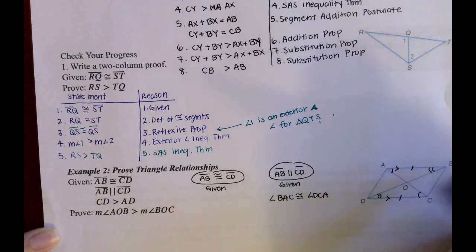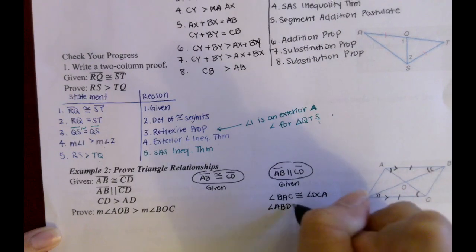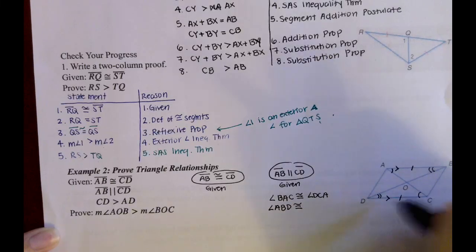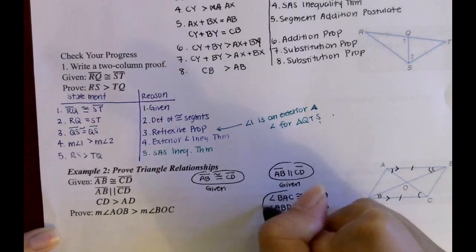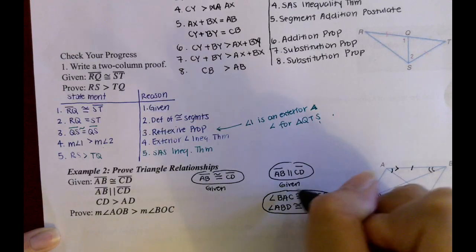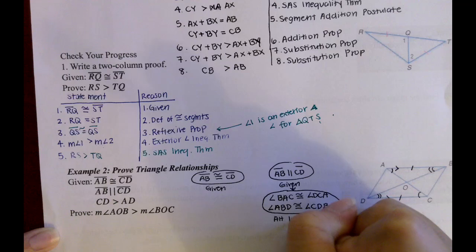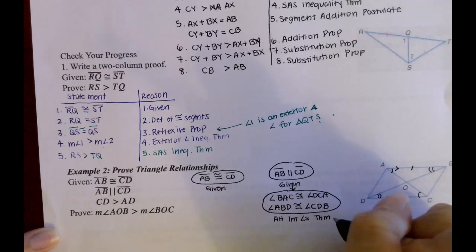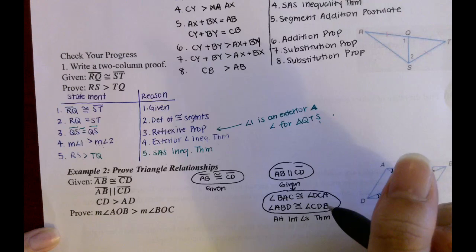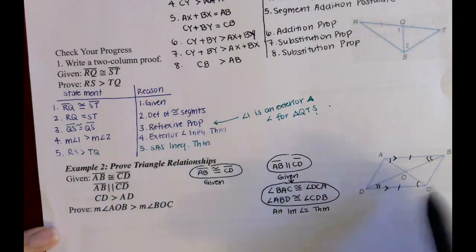And then angle ABD is congruent to angle CDB. And then the reason I can say that is this comes from this, and then this is the alternate interior angles postulate. Only corresponding is postulate.